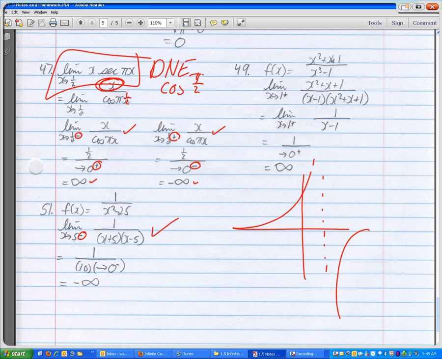How did you get positive infinity as approaching? I looked at my trig chart. All I did. If you look at the trig chart, get your trig chart out. You've got cosine theta.